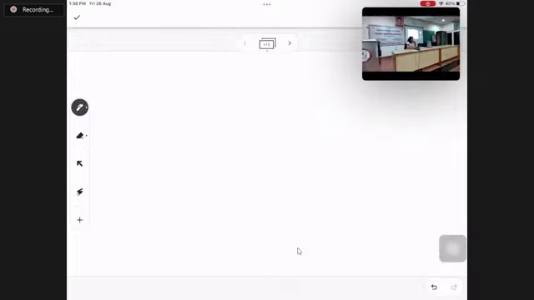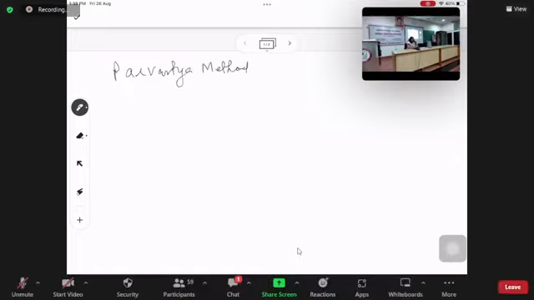So this is known as Parvata method, if the divisor is more than the base.